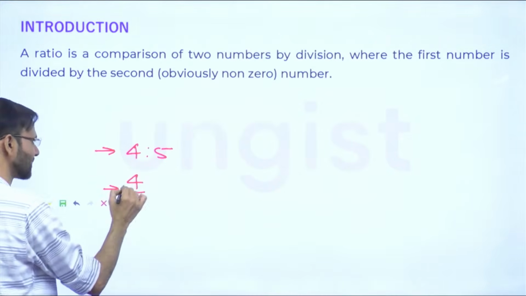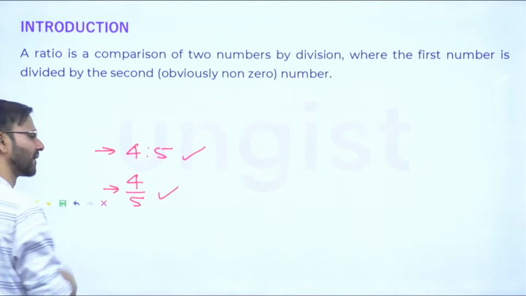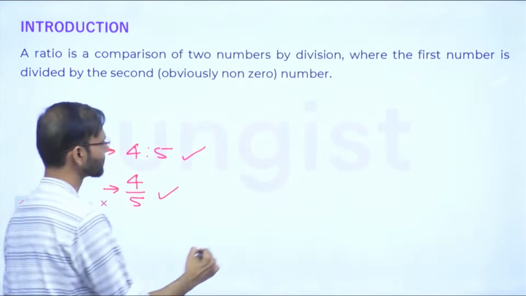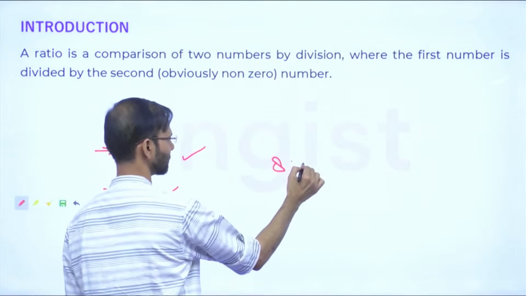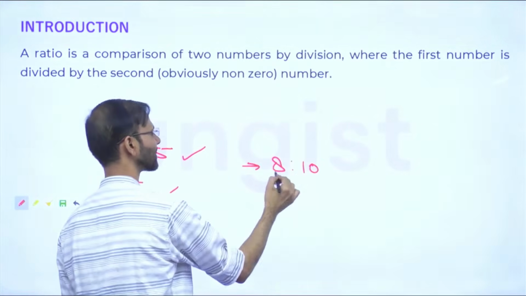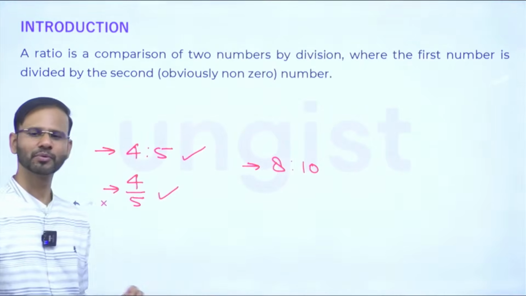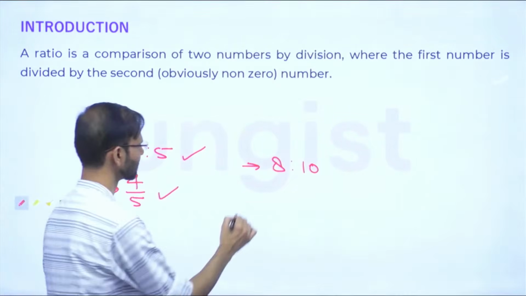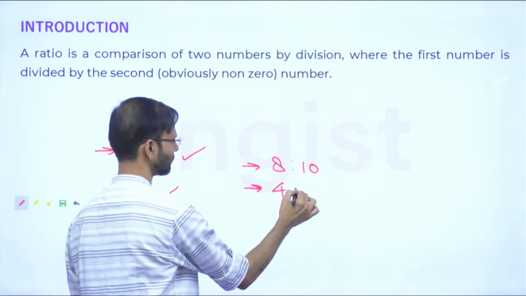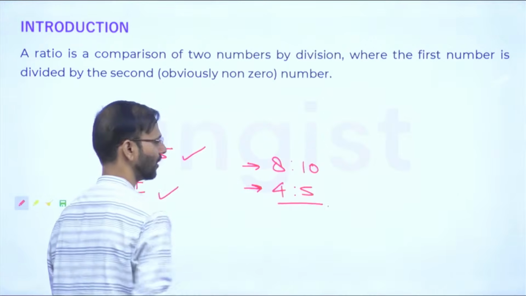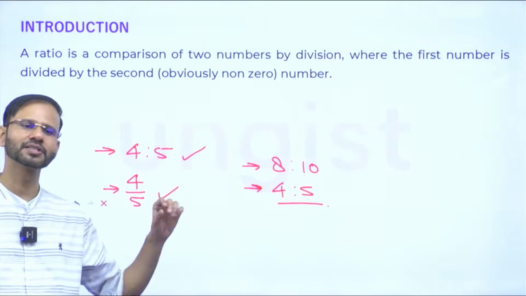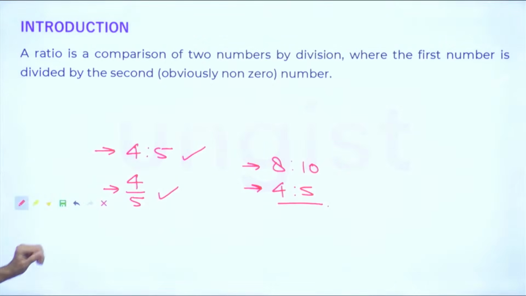This might be written as 8:10 also, but since both the numbers are divisible by 2, this will finally become 4:5. All right, everyone, fine now?